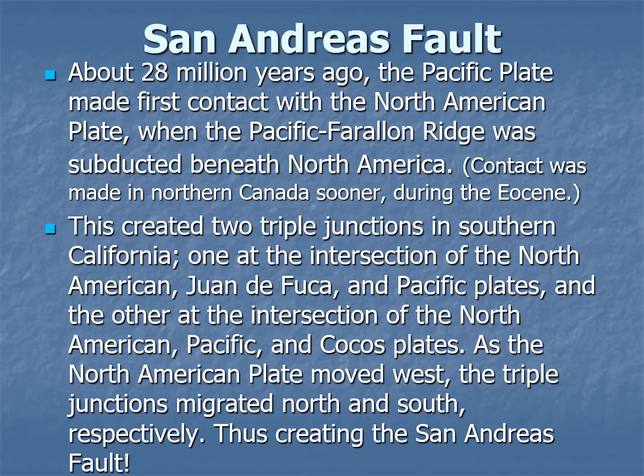As the North American plate moved west, the triple junctions migrated north and south, respectively, and we ended up transitioning from a big subduction zone all along the west coast to our strike-slip transform boundary, the San Andreas Fault.